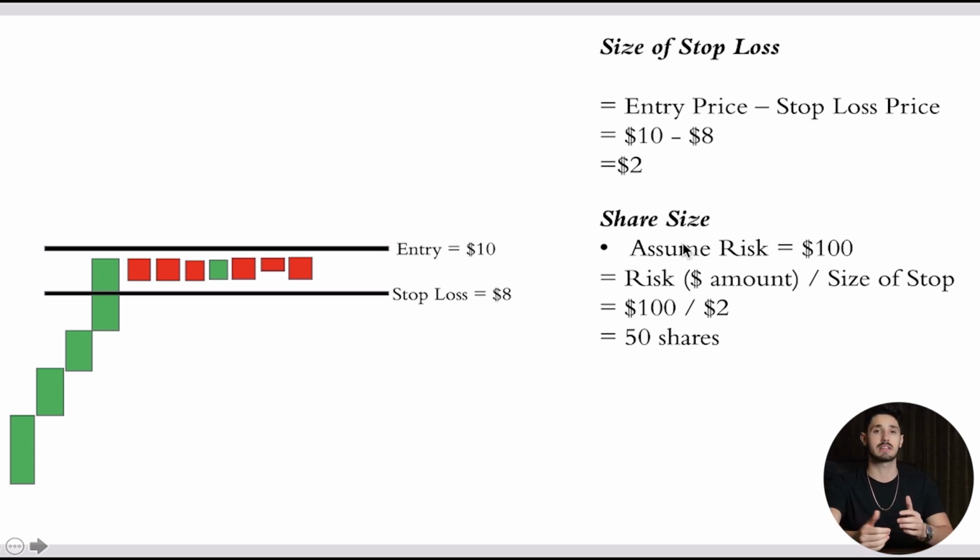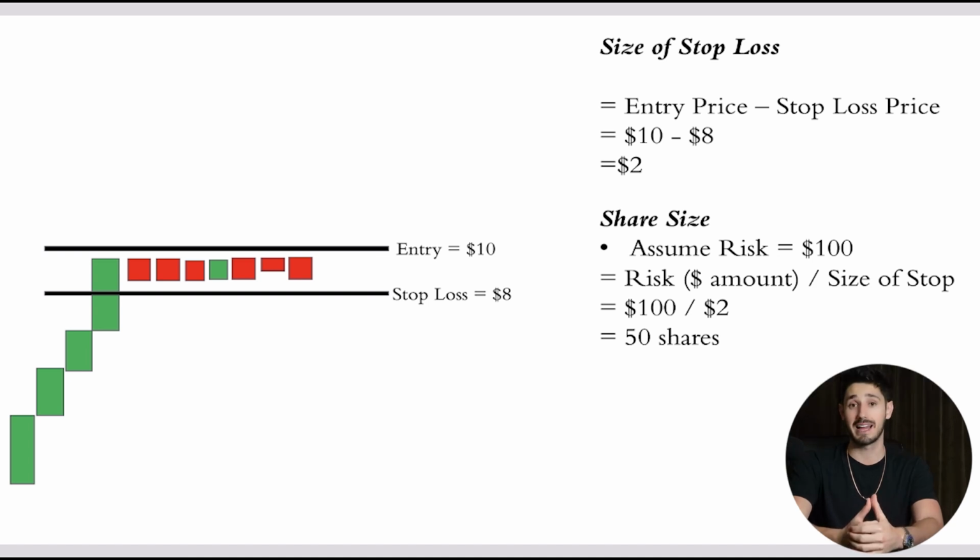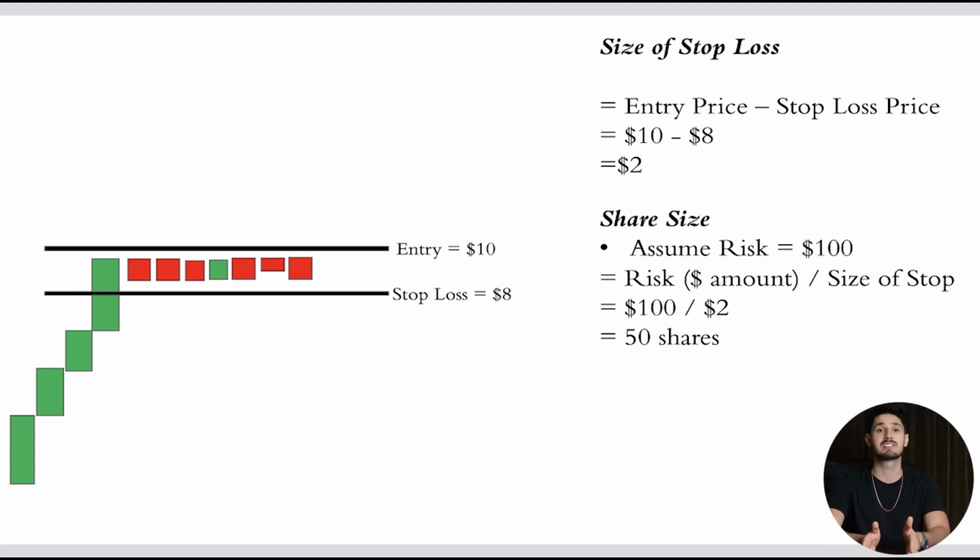And what I mean by risk is this is the maximum amount I am willing to lose for this trade. Meaning, if I get into the trade and it hits my stop loss, the worst case scenario is I lose the $100. This is a predetermined amount that I set and that you should be setting as well.